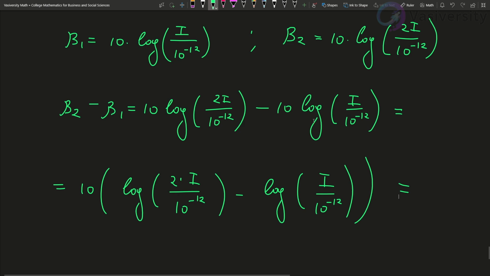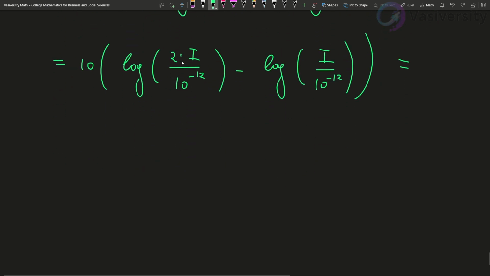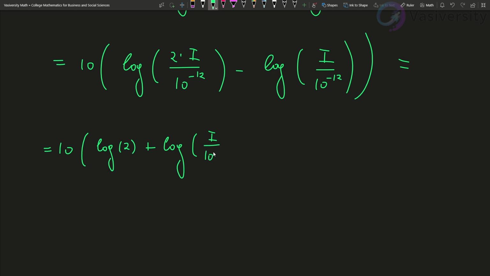From the first logarithm, let's factor out the 2 and use the logarithmic rules. So we're going to have 10 times logarithm base 10 of 2 plus logarithm of I over 10 to the negative 12, minus logarithm of I over 10 to the negative 12.